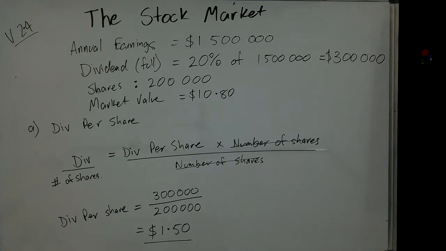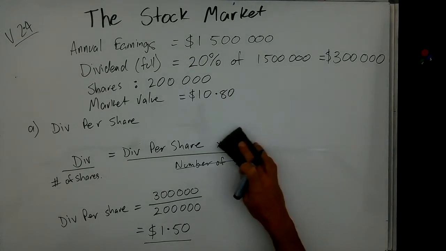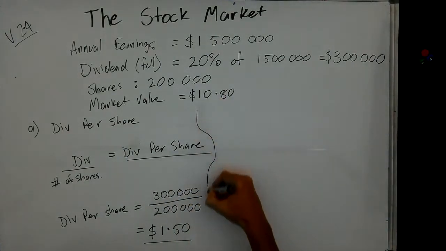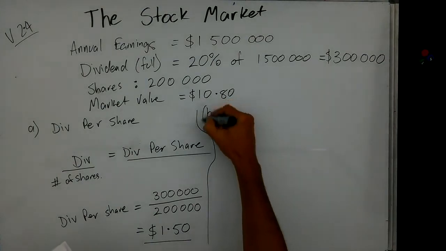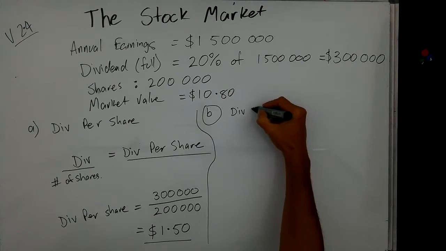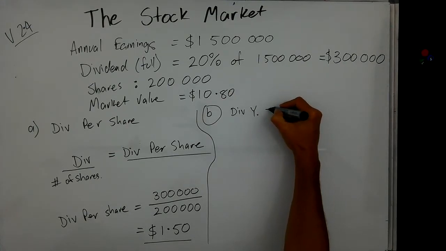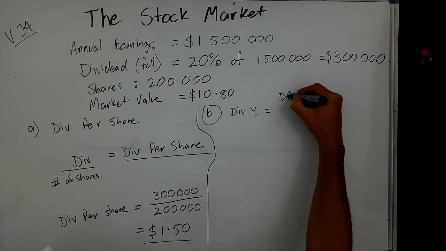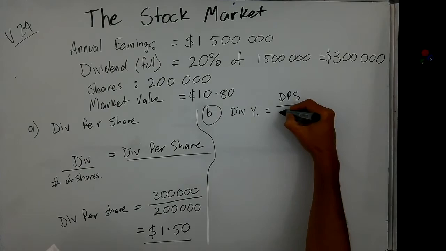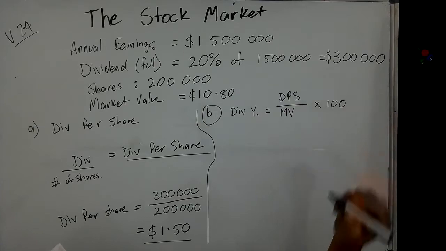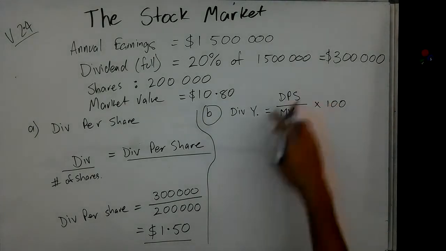Okay, part B wants the dividend yield. Just abbreviate it like that. So that was equal to dividend per share divided by the market value of the share times 100. So we just worked out that.